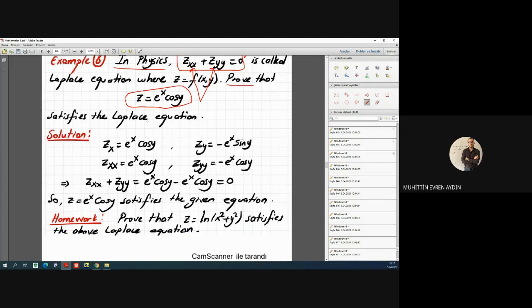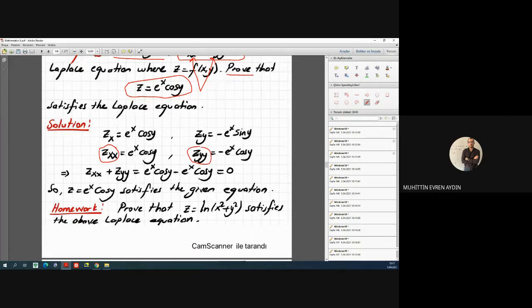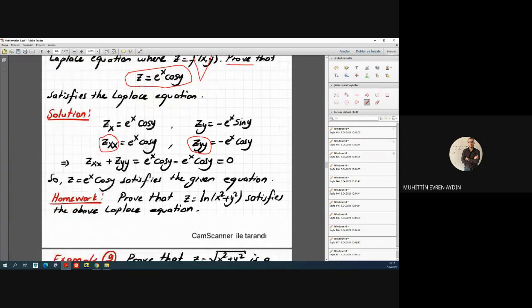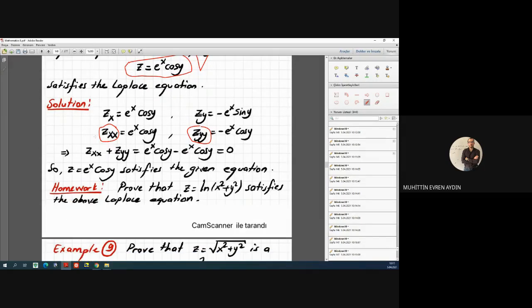For the solution, we have to find these derivatives. Finding these derivatives is quite easy. And then replace with the values of these derivatives in the Laplace equation.